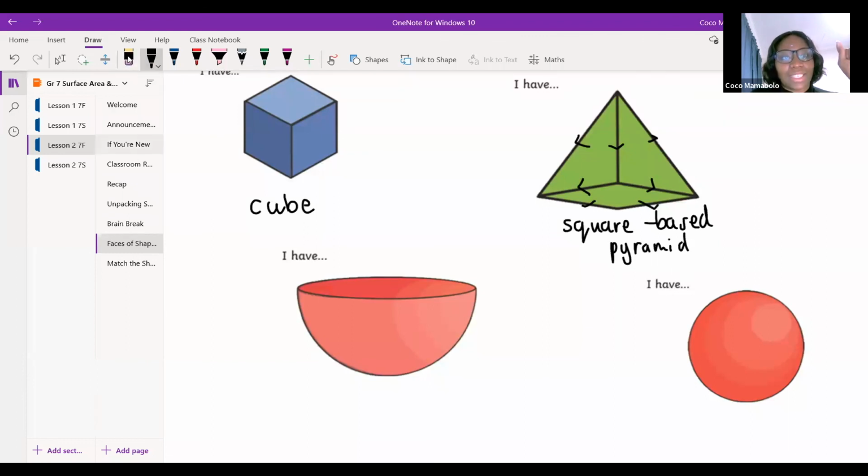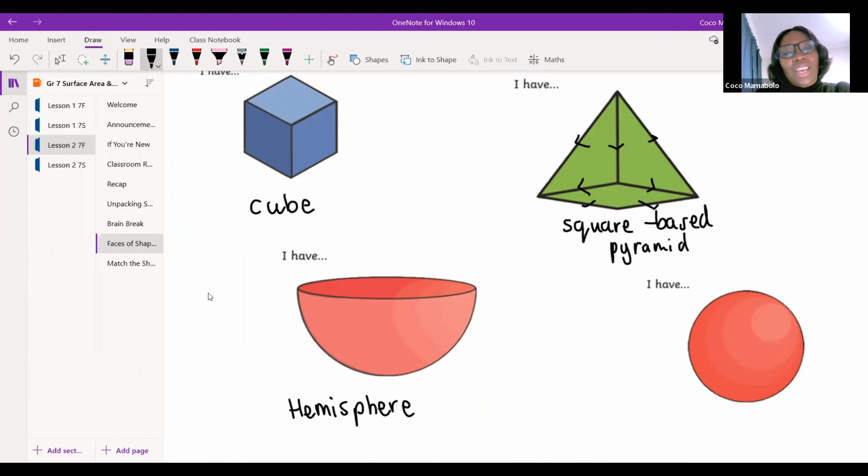Sam, excellent. It's half a sphere. And when we look at half a sphere, we call it a hemisphere. Half sphere, hemisphere. Not a soup cup.